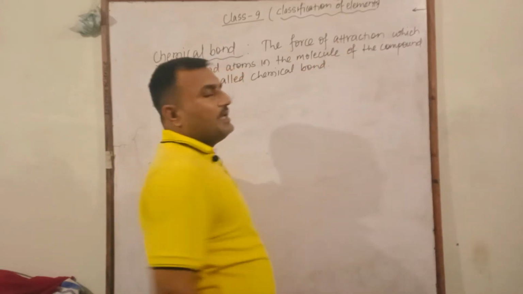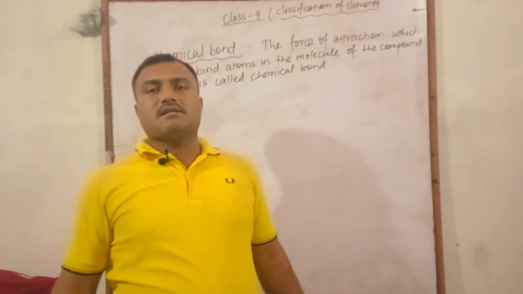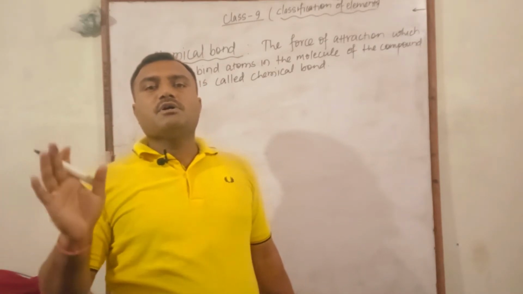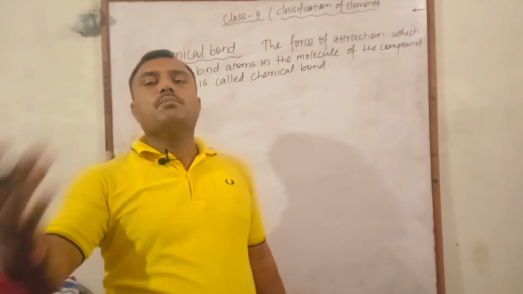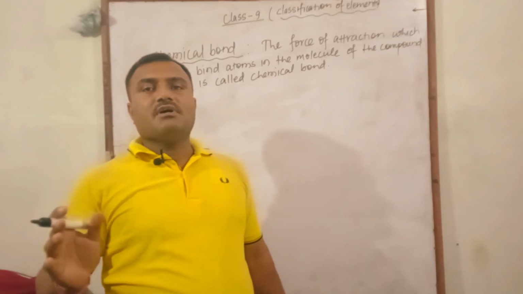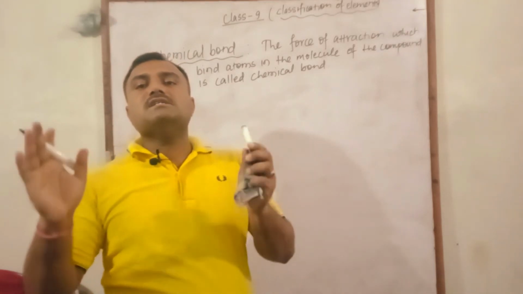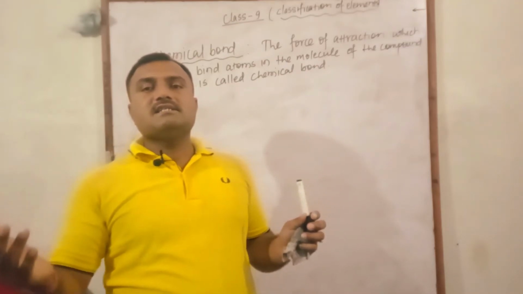Here we should know that an atom is unstable in nature and not found in a free state. Why? Because its outermost orbit remains incomplete. Therefore, it tries to remain in a stable state.